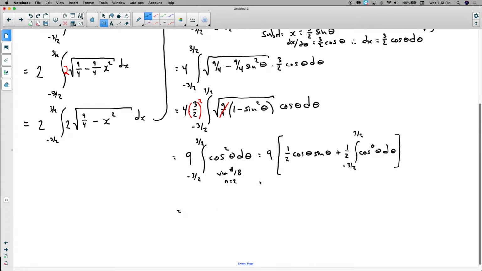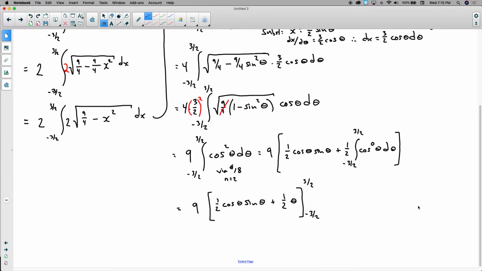I'm going to leave the 9 alone, I've decided. We've got a half cosine theta sine theta plus a half. And remember that cosine 0 is 1, and the integral of 1 is theta itself. So I finally have done the integrating, and then I need to evaluate it from negative 3/2 to 3/2.